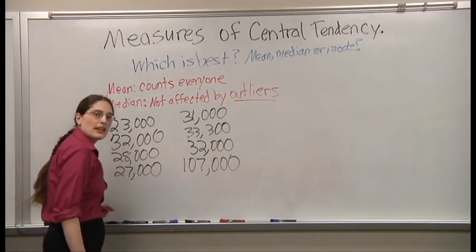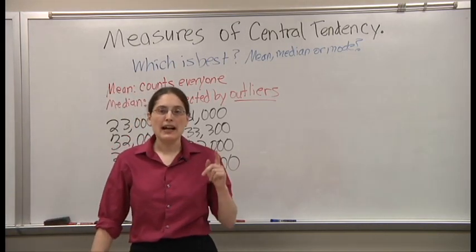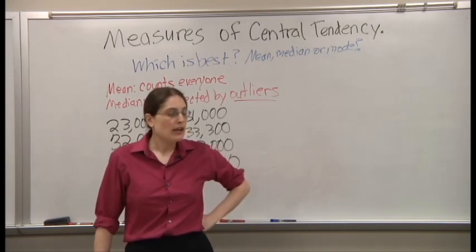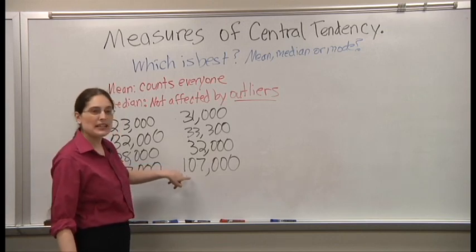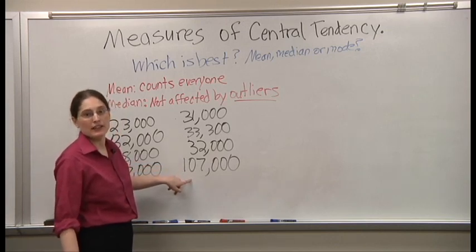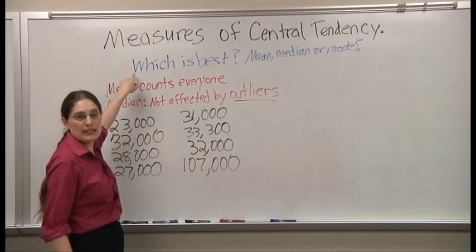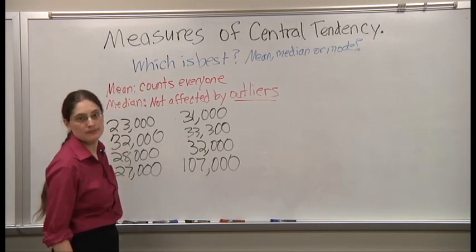However, if the government wants to know how much total tax revenue they're going to get from a neighborhood, well, you're probably going to get more from this guy. So you'd need to look at the mean. You'd need to count everyone.